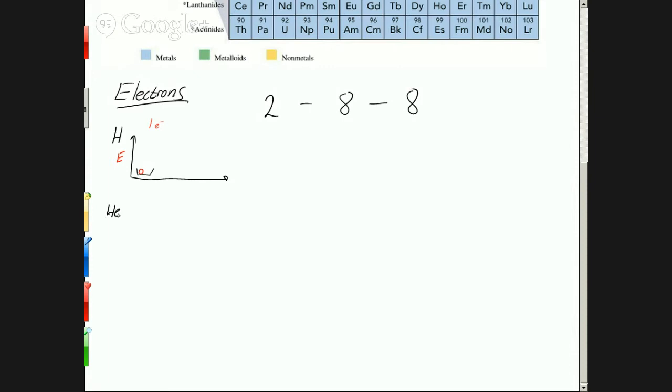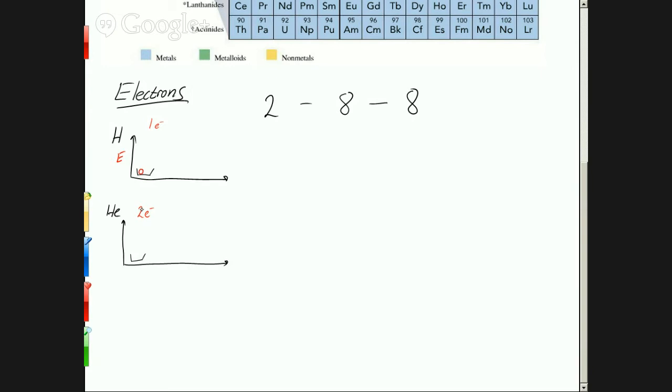Let's do helium, the next one. Same deal. We've got our bucket. How many electrons in a helium atom? Two, because the protons are 2 and it's neutral, so 2 electrons.